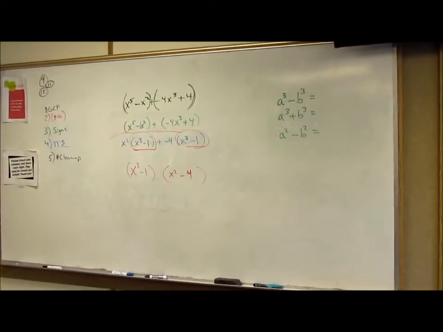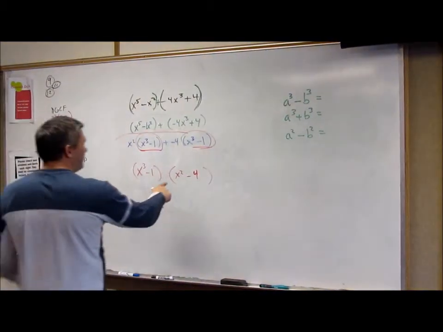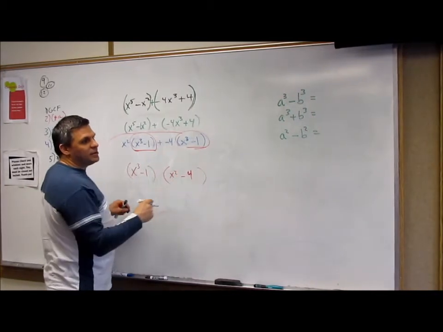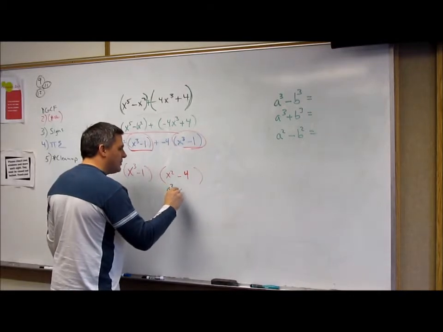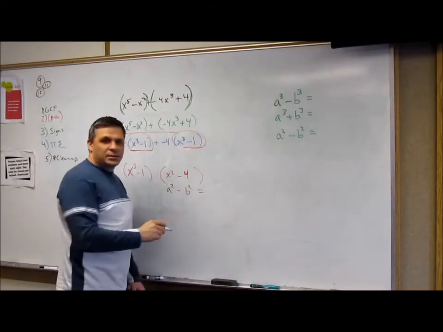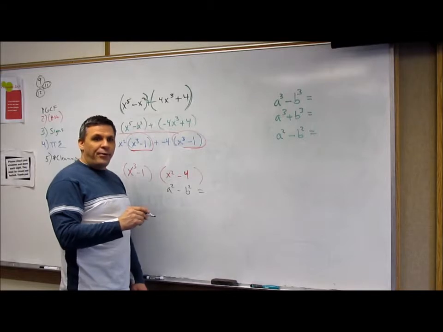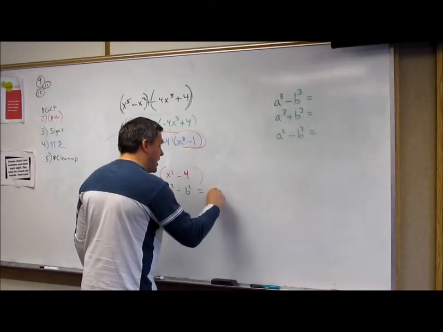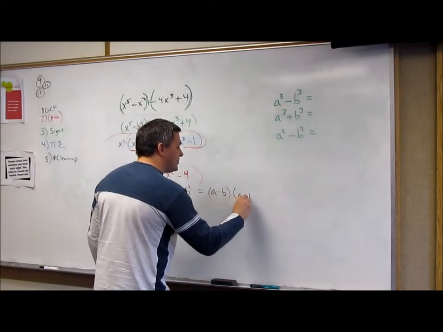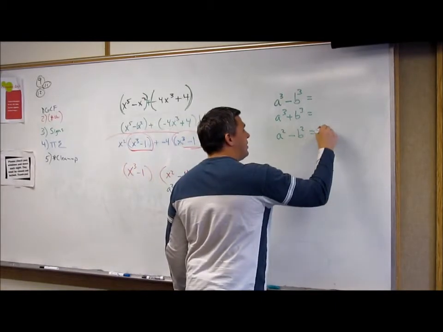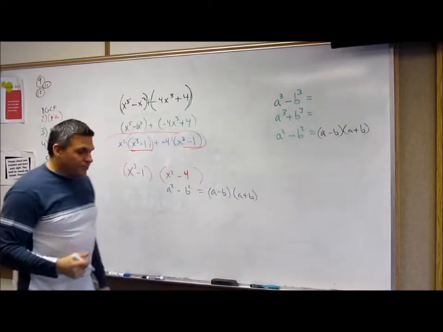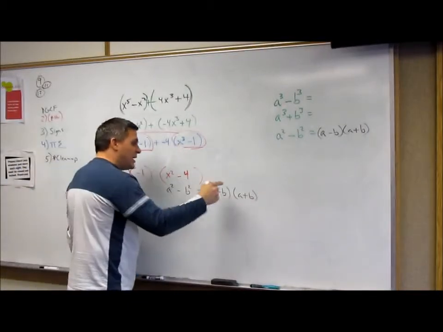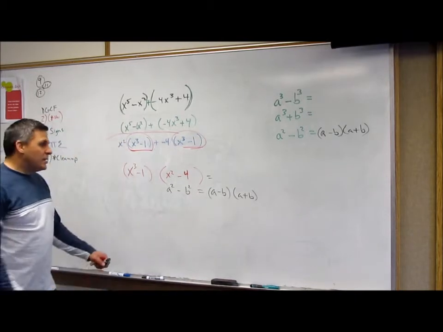Okay, so same thing, but come over to this one. Still working. Good. Okay? So now I can come to this x squared minus 4. And I take that whole a squared minus b squared equals what? A minus b, a plus b, that's just a formula. A minus b, a plus b, right? Okay? And then, so this is going to equal what?